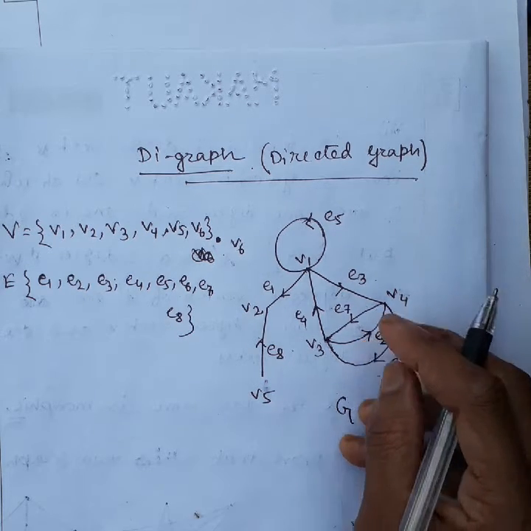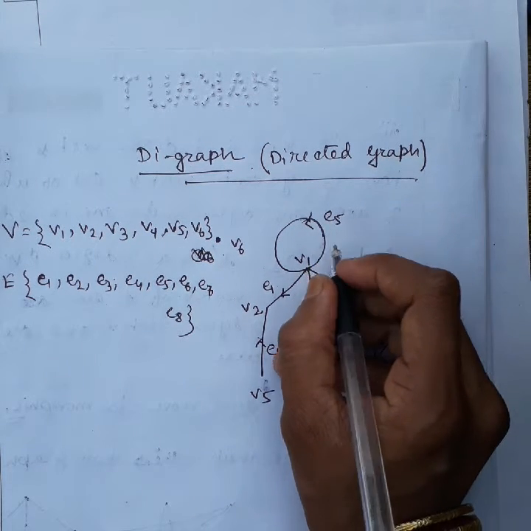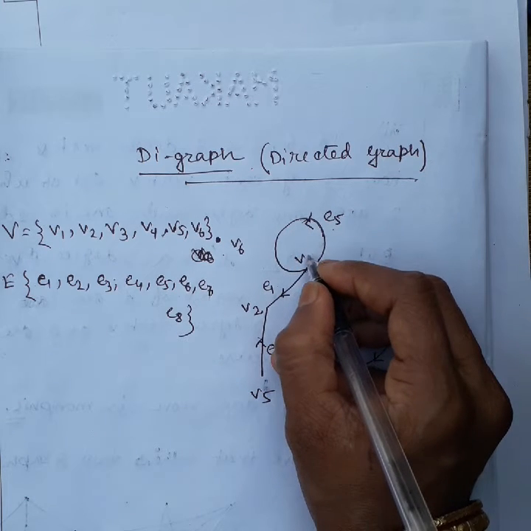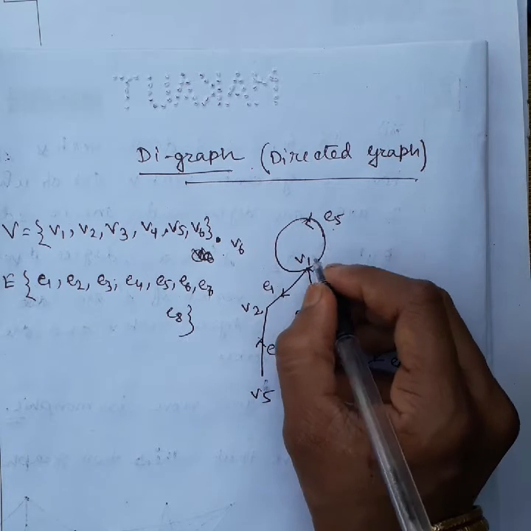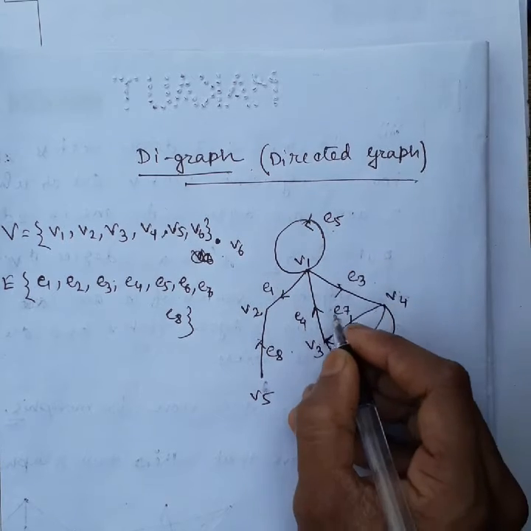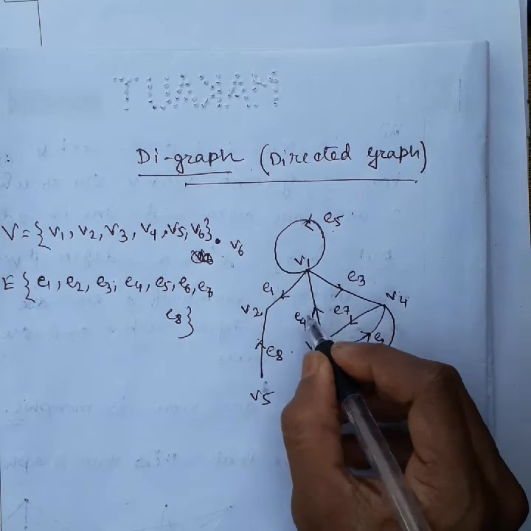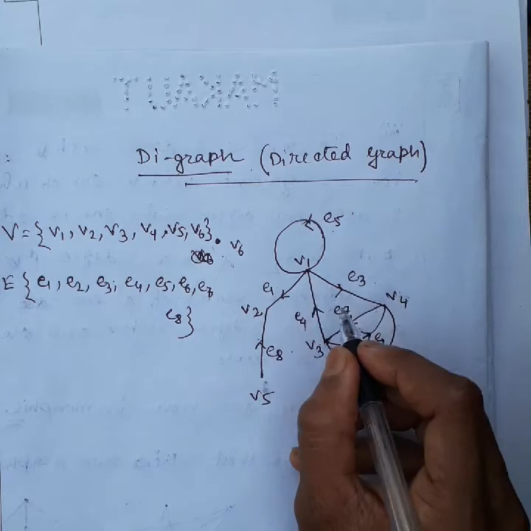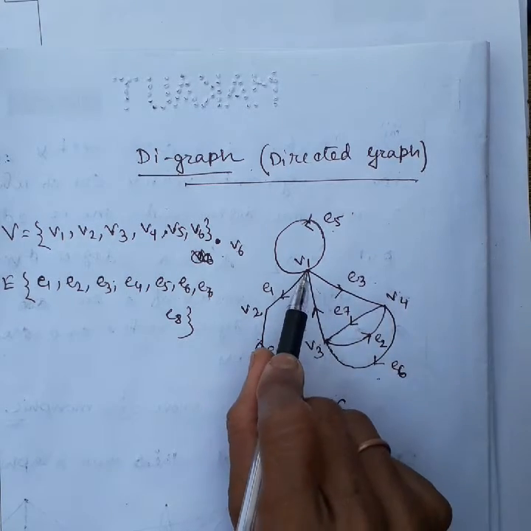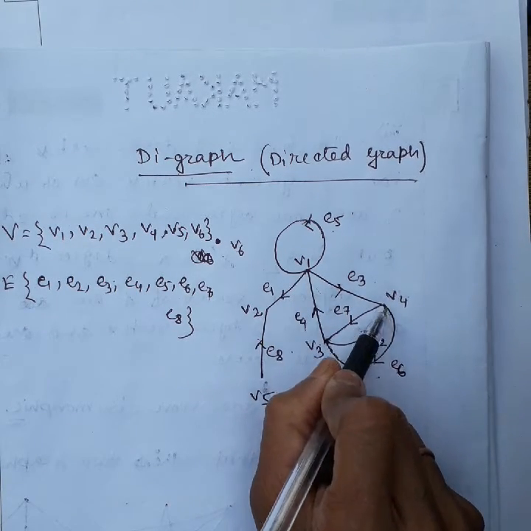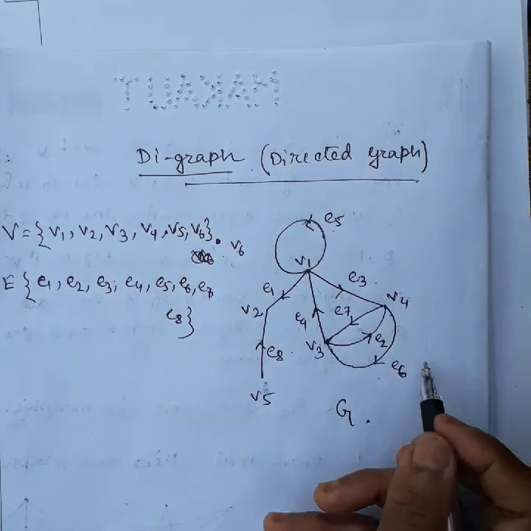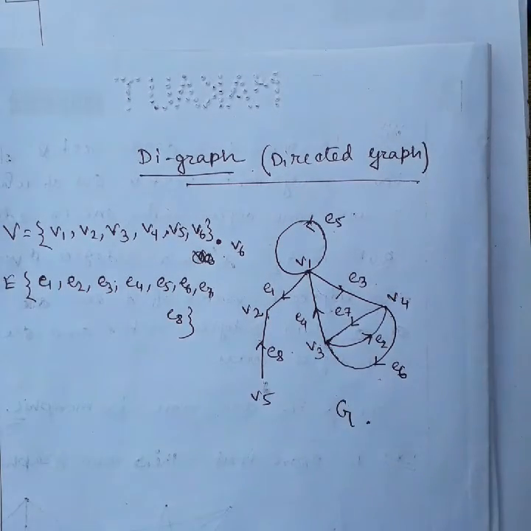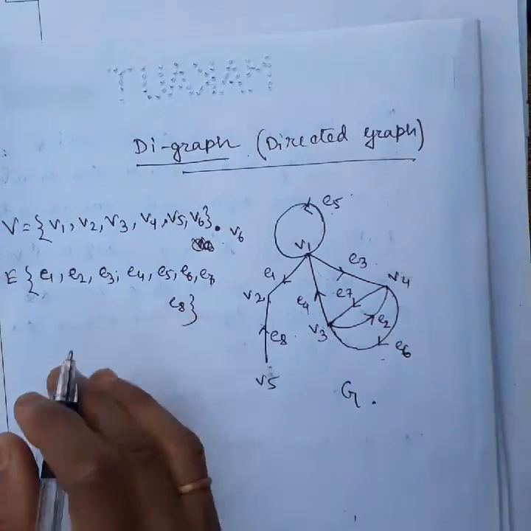Clear? And the E5 edge is the ordered pair V1 V1, as it is a self loop. The E4 edge is the ordered pair V3 V1. E3 is the ordered pair V1 V4, and E8 is the ordered pair V5 V2.